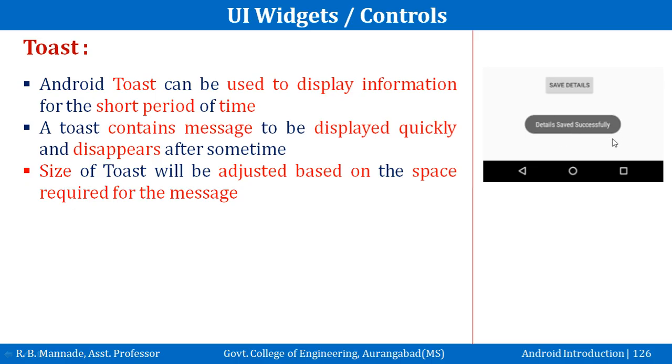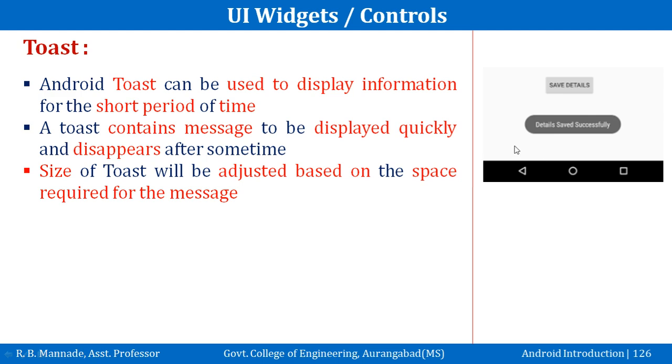The main point is that the size of this toast, its width and its height, will be adjusted automatically depending upon the size of the message which the toast is used to display. In this case, the text is very small. That is why the size of the toast is like this.